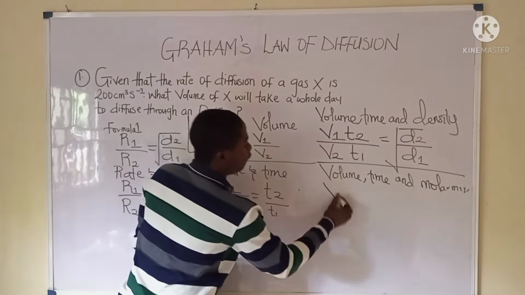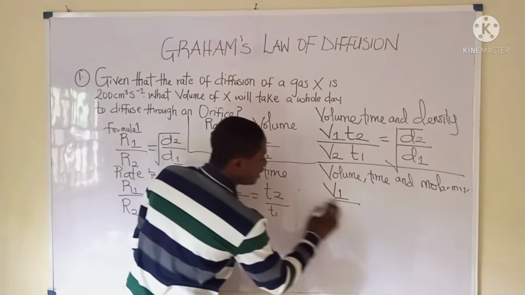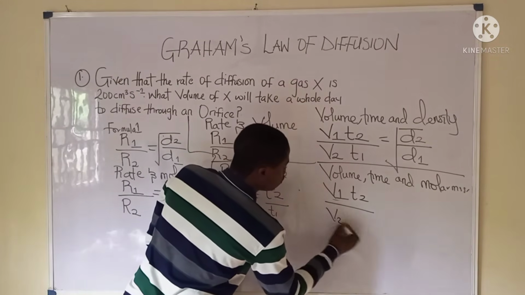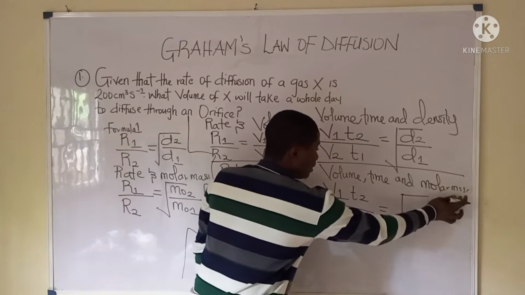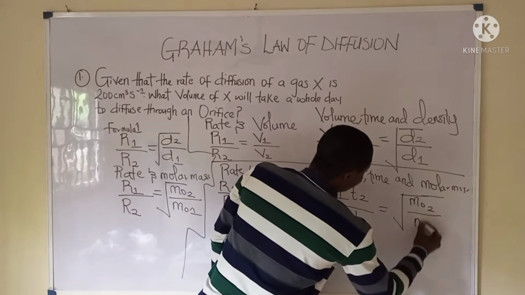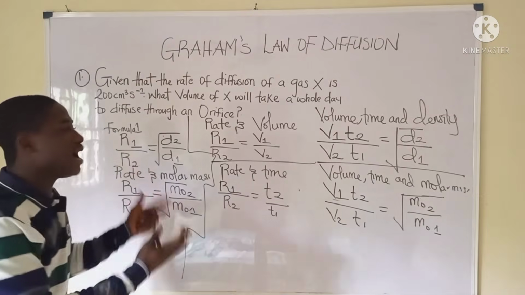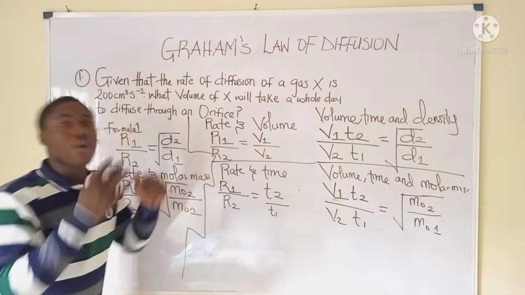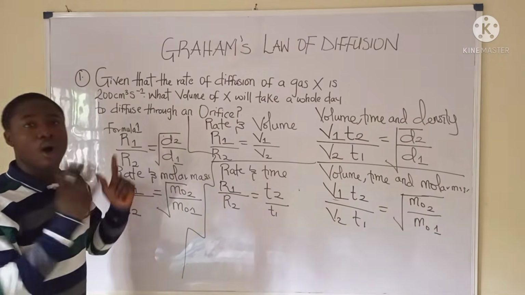Now, volume we already know is directly proportional, so it's basically V1 T2 over V2 T1 is equal to, same applies to the molar mass or molecular weight, which is molar mass 2 over molar mass 1. Now, basically, these are the formulas we must take note of when solving problems on Graham's law of diffusion.